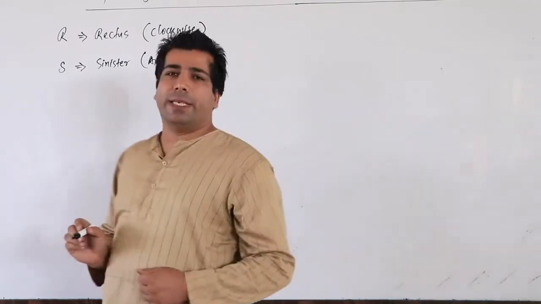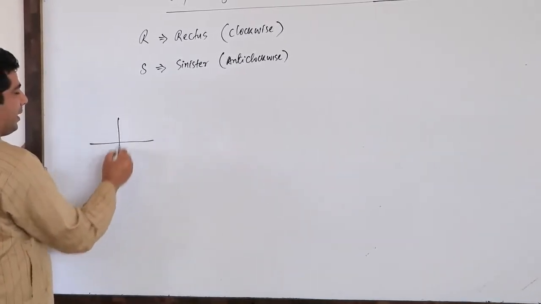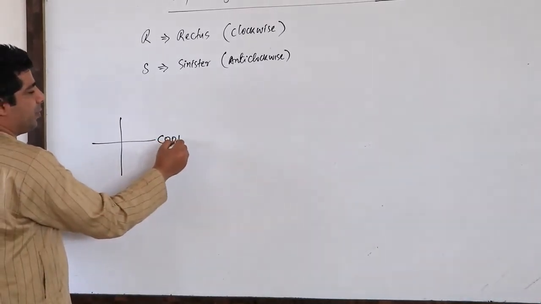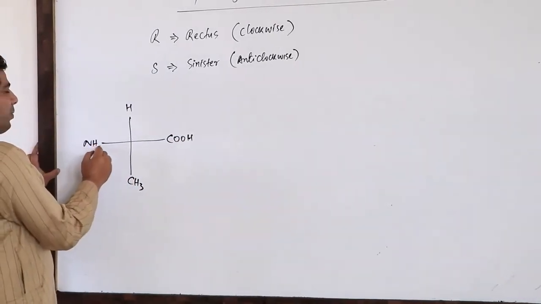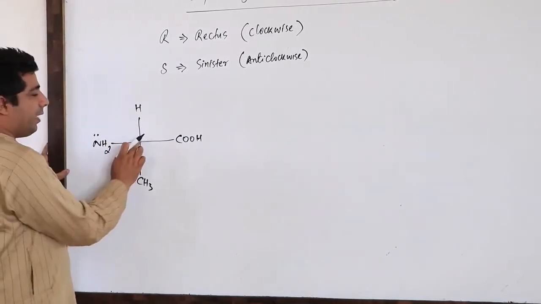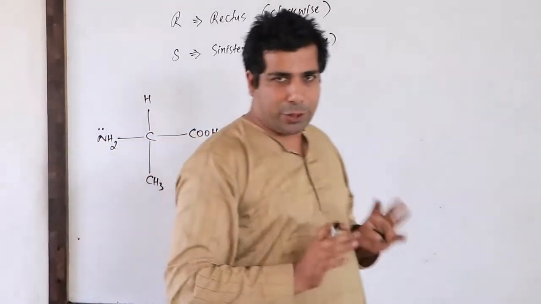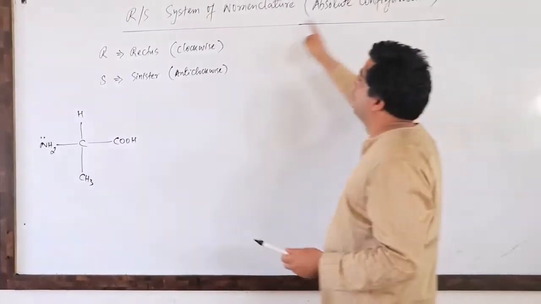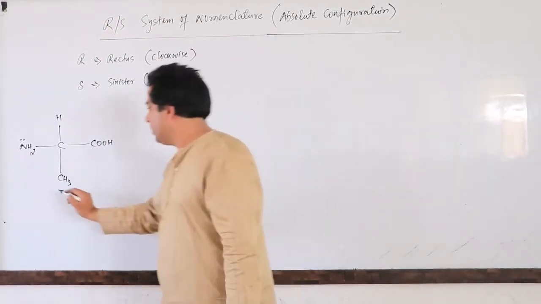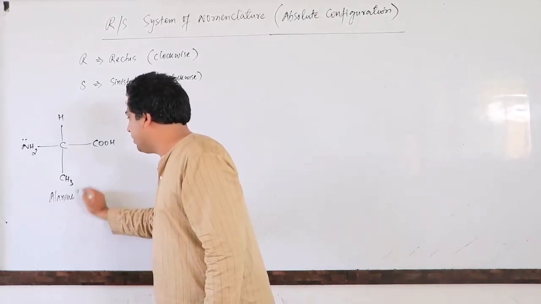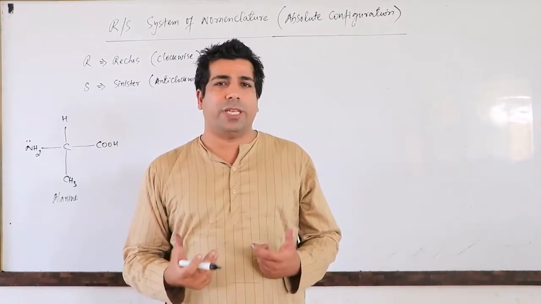Let us suppose in your examination you have an amino acid with you, with a carboxylic group, a CH3 group here, hydrogen here, and an NH2 group here. They will tell you in the examination to find out the absolute configuration, which will be your RS configuration in this amino acid. Let us suppose they give it as alanine. If you have alanine, you have to find out the absolute configuration in alanine.